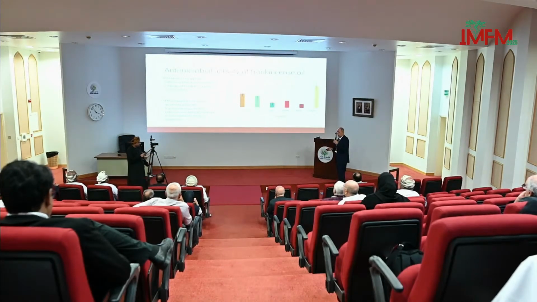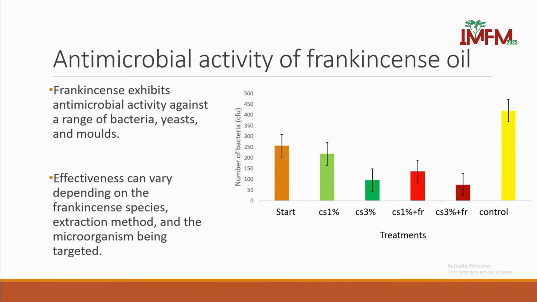This is the slide that I demonstrated 2 years ago at the previous meeting. We were interested in the antimicrobial activity of essential oils from frankincense, and it's demonstrated basically when we mix it with chitosan.